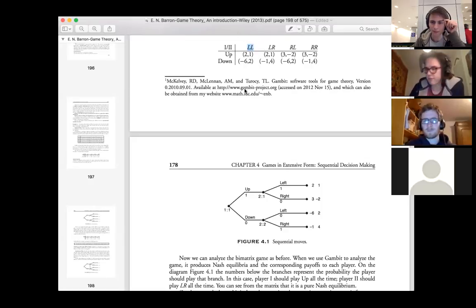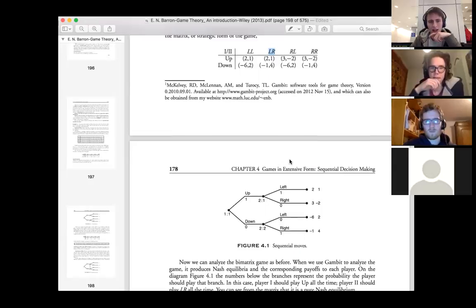So left is the strategy of player 2 where, regardless of whether player 1 chooses up or down, player 2 is going to choose left. And the second strategy, left-right, is choosing left if player 1 has chosen up, and choosing right if player 1 has chosen down. Okay, I see.